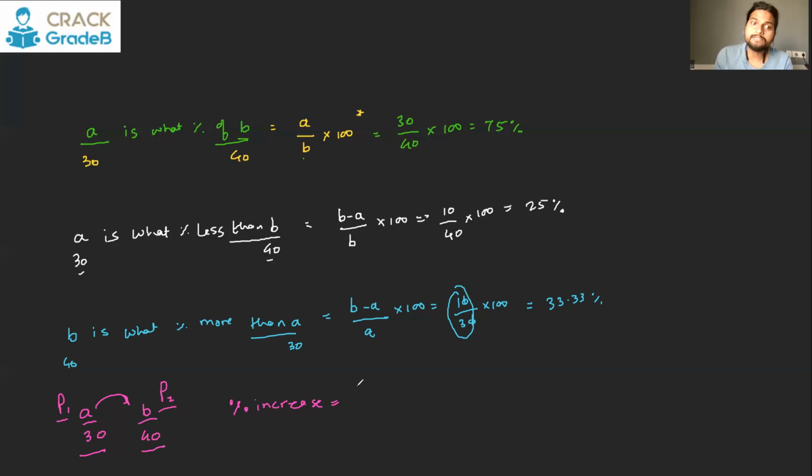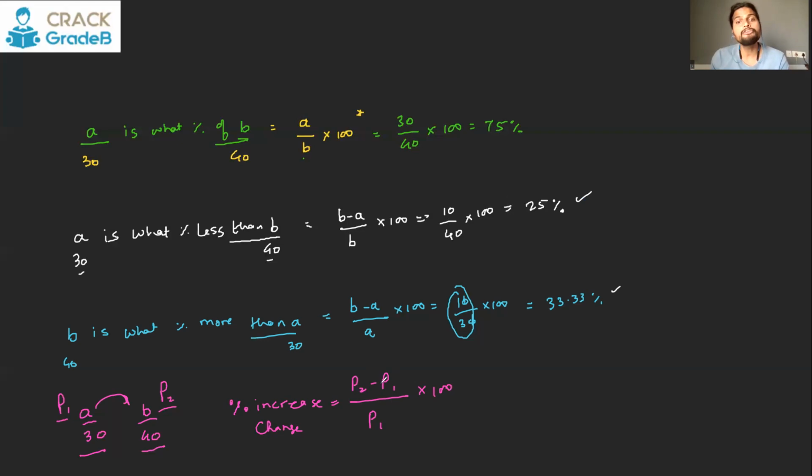So percent increase means P2 minus P1, the difference between the prices, divided by P1, the base price on which that increase is happening, into 100. So this is how you calculate percent increase, or in general percent change. So percent change is nothing but the form of percent less than or percent more than in different language.